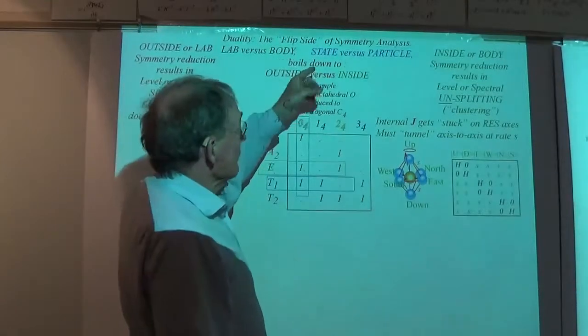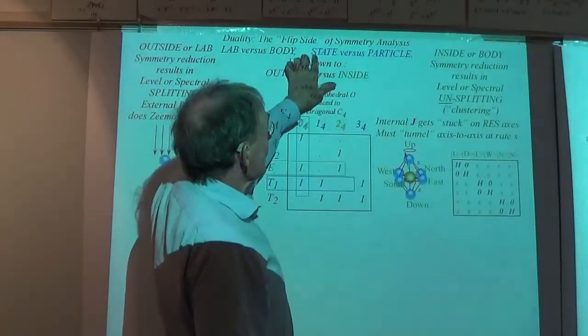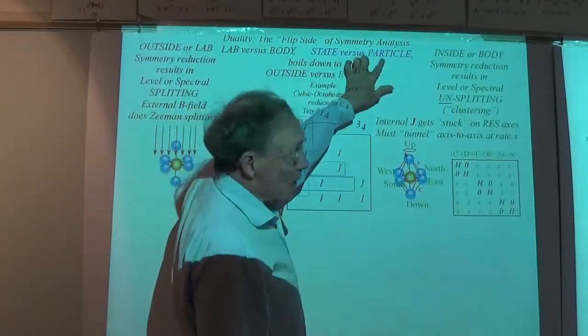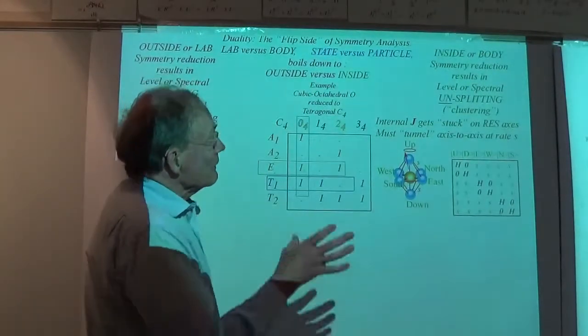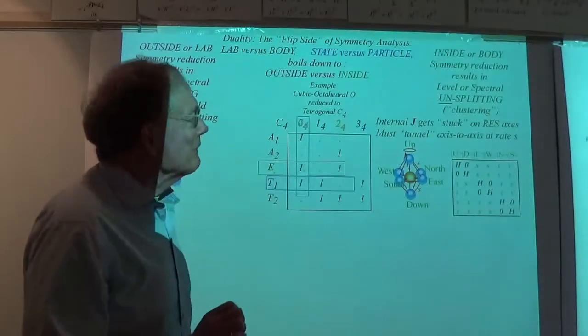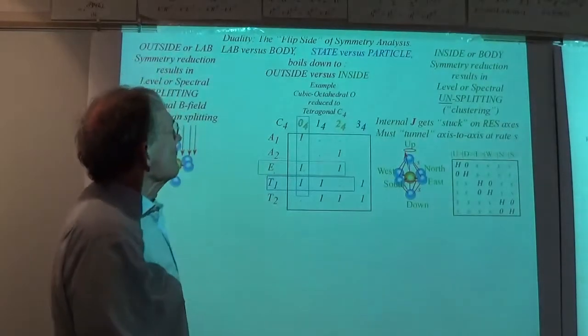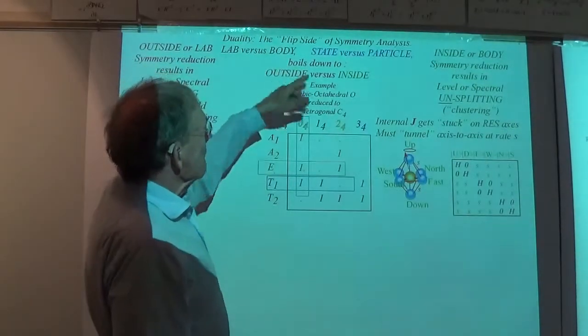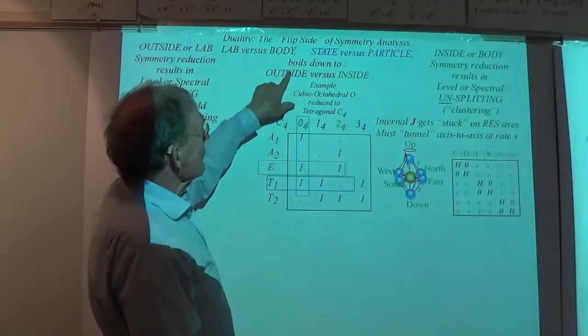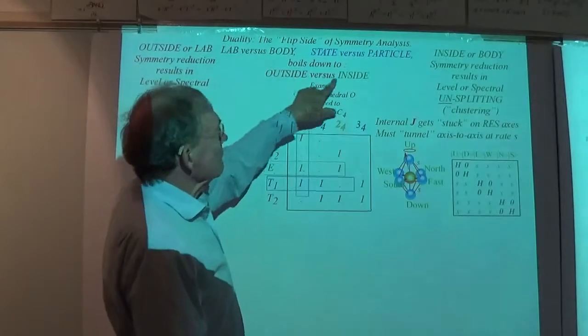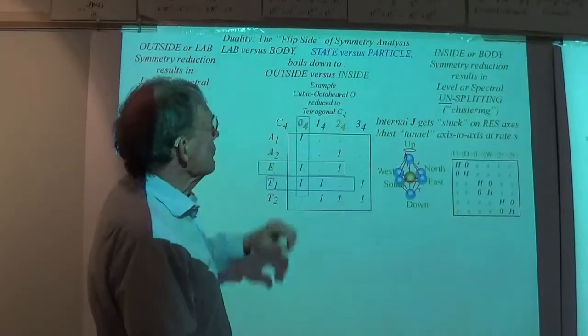What we're going to see today, perhaps, is the idea of state versus particle. And particle is sort of a bad word, I think, because we don't really know what a particle is. Maybe a chimera. But the idea is that it just boils down to outside versus inside, extrinsic versus intrinsic.